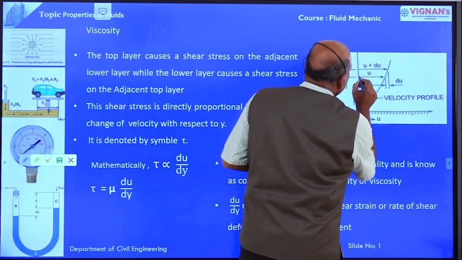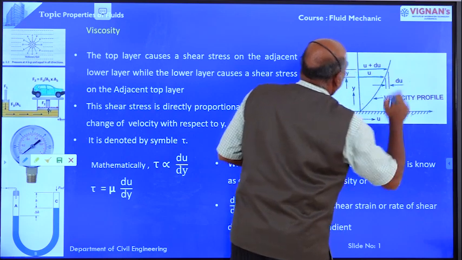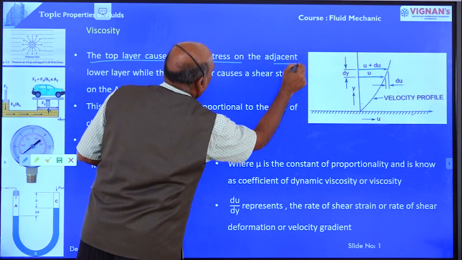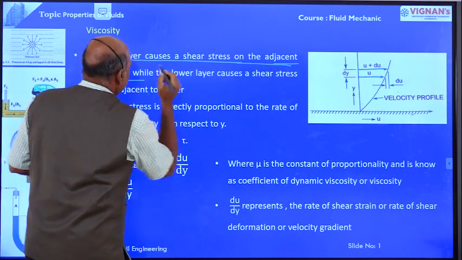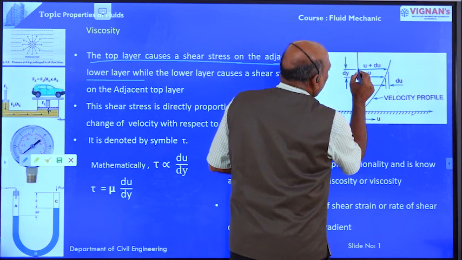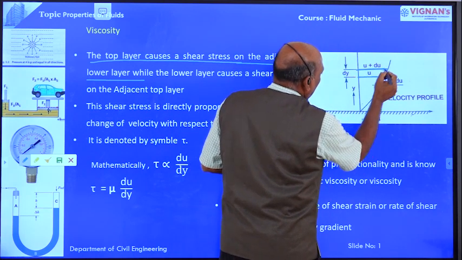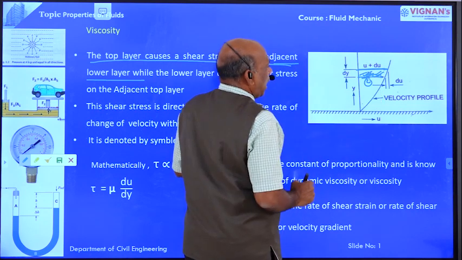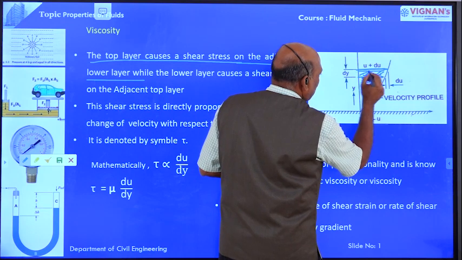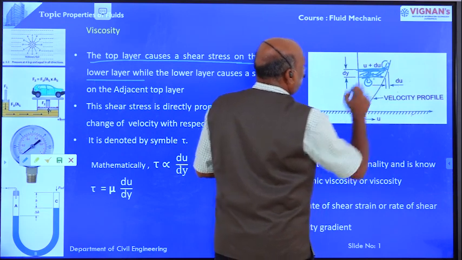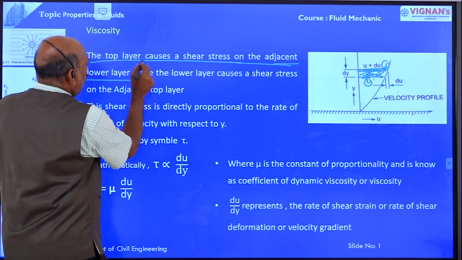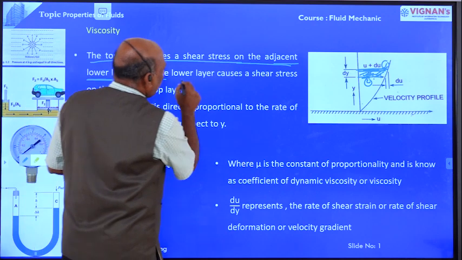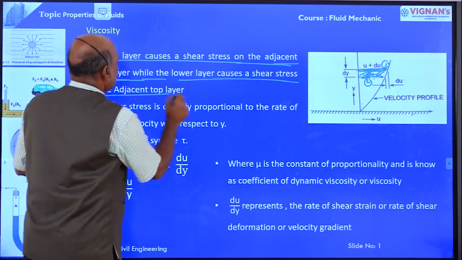The top layer causes a shear stress on the adjacent lower layer, while the lower layer causes a shear stress on the adjacent top layer.